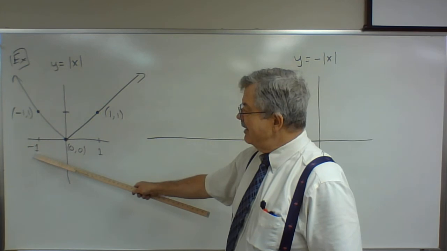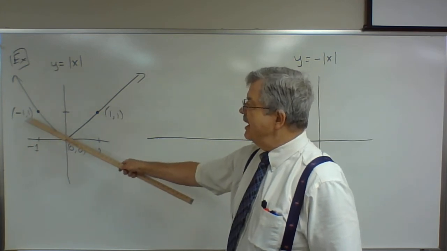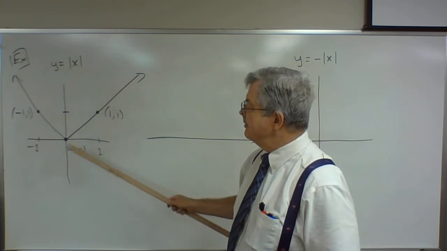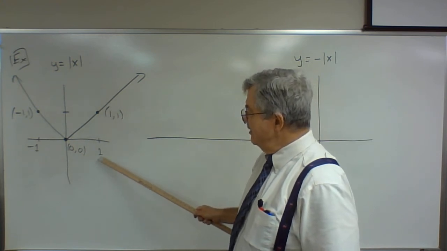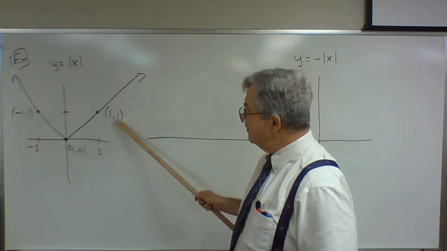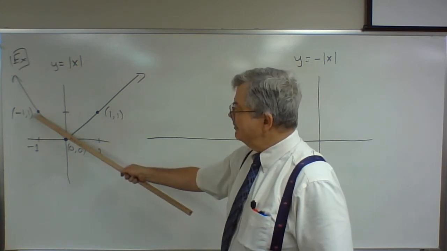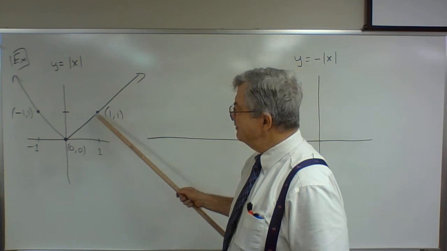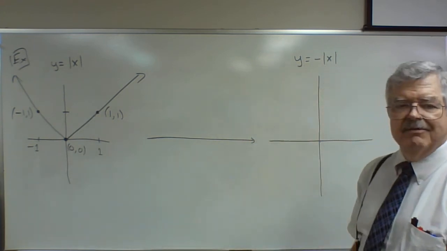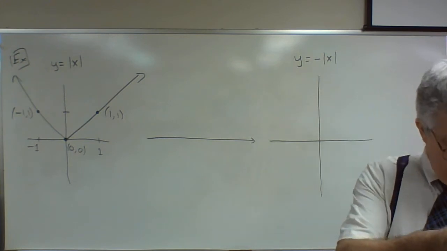The absolute value of -1 is +1. The absolute value of 0 is 0. The absolute value of 1 is +1. So that gives us our 3 points on the graph to form the skeleton on which we hang the rest of the graph of the function.